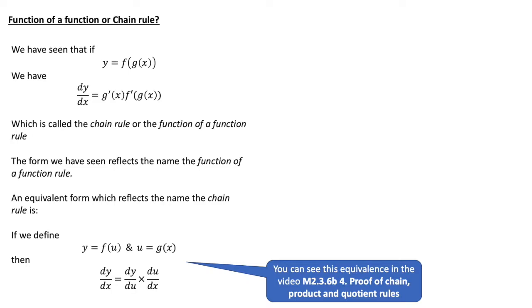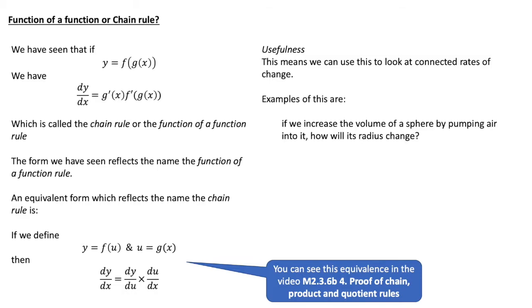Okay, now why is this interesting? Why is this useful? Well, if nothing else, it means we can use this to look at connected rates of change. So examples of this are, if we were increasing the volume of a sphere by pumping air into it, and we knew the rate that air was going into it, how would the radius change?